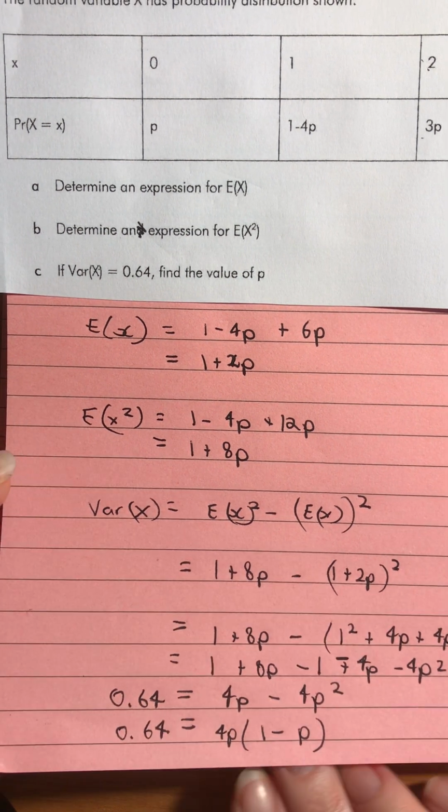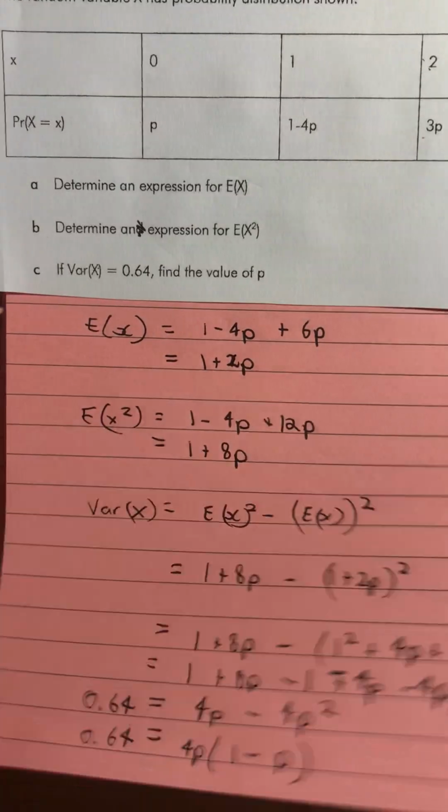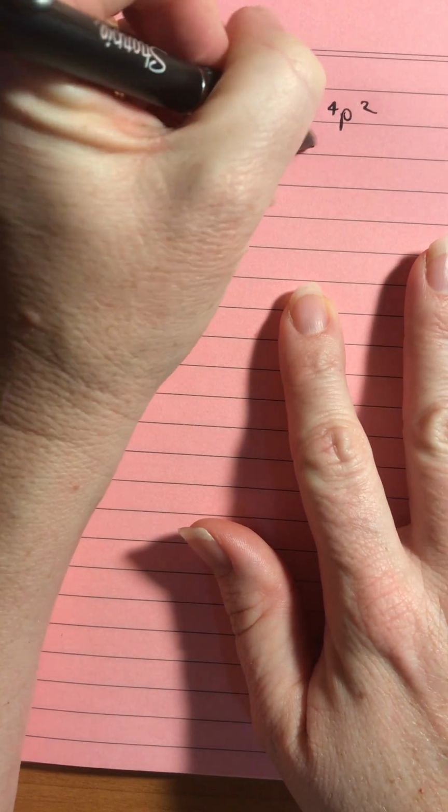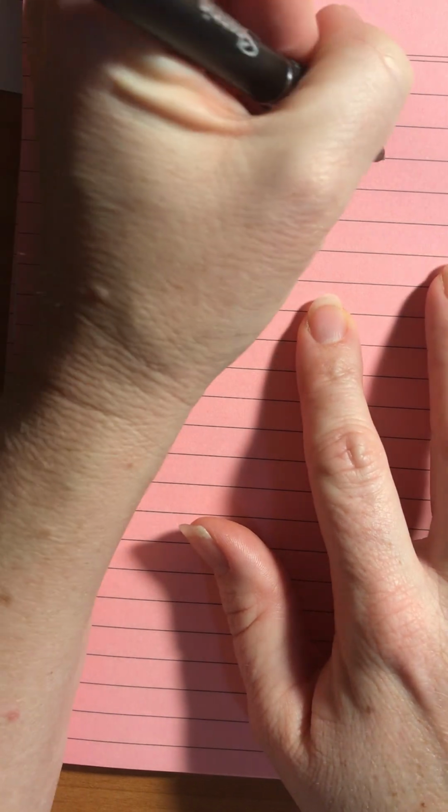So I'll take that over to the next page. I'm going to bring the 0.64 over, so 0.64 is equal to 4p take 4p squared. I'll bring that over: 4p take 4p squared minus 0.64.